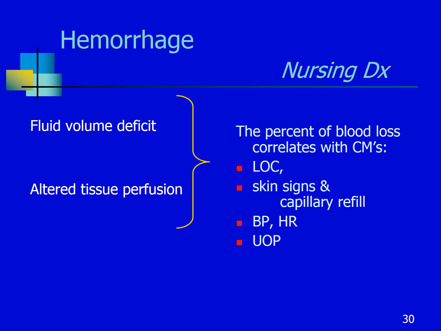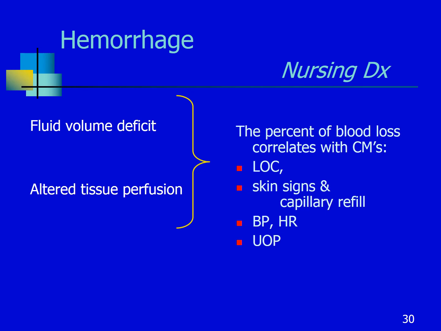So, fluid volume deficit, the presence of loss, correlates with the manifestation that they have, level of consciousness change, skin signs, poor capillary refill, the blood pressure will go down, heart rate will go up, urine output, if it's not corrected, of course, will be less, right?